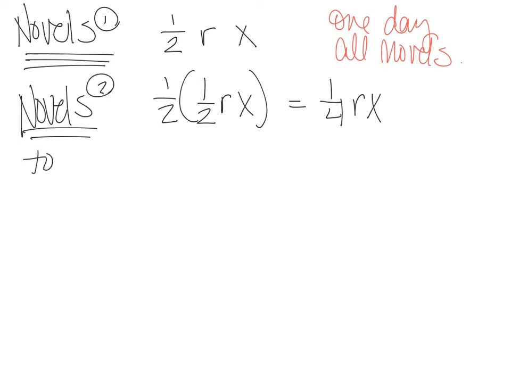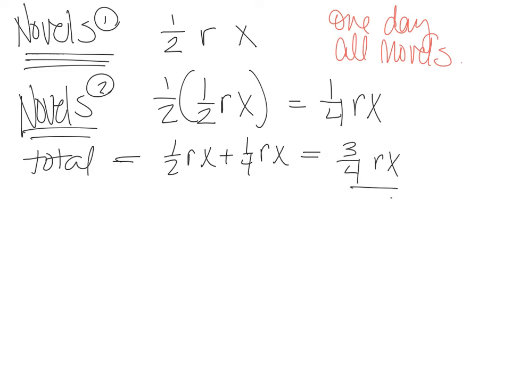So the total number of novels equals 1/2 Rx plus 1/4 Rx, which equals 3/4 Rx if you add that up. That's the total number of novels. Now let's look at cookbooks. Day 1, they didn't print anything.